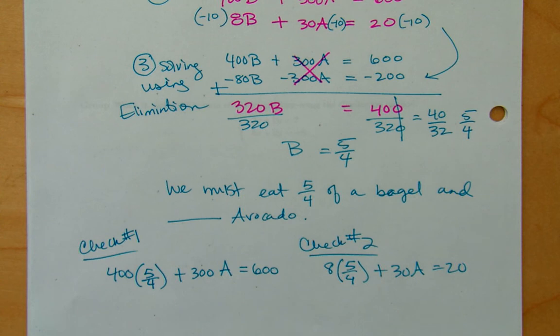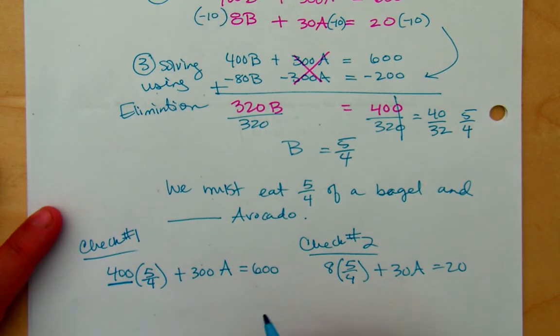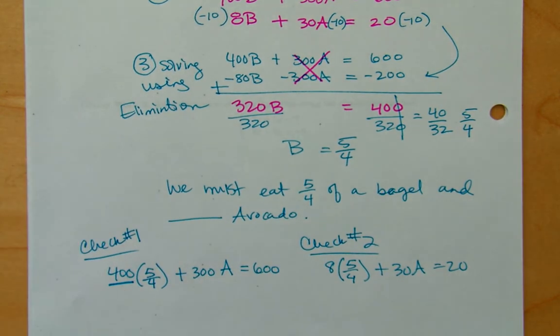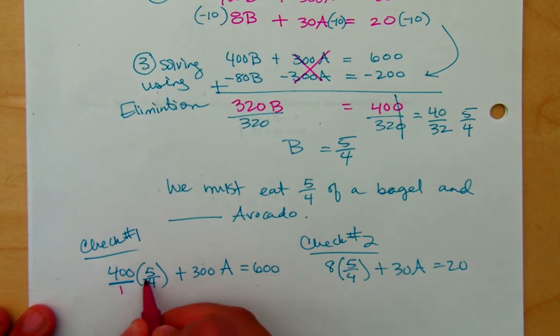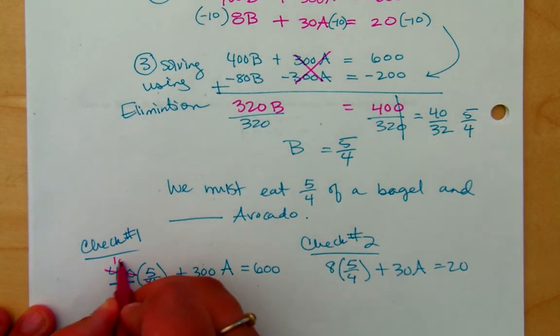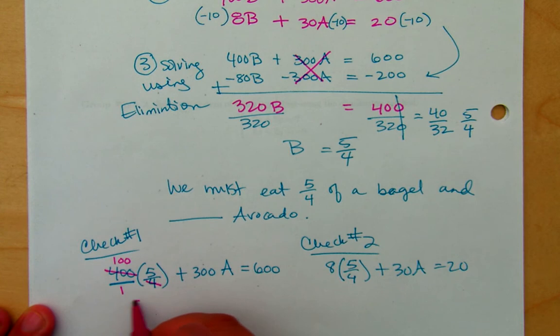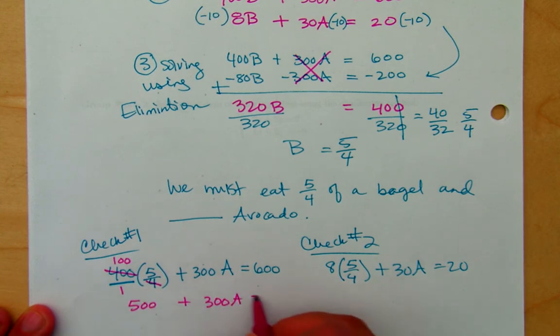So 5/4, 5/4. 5/4 of 400. How do I do that? 4 goes into 400, 100 times 5 is 500. Plus 300A equals 600.